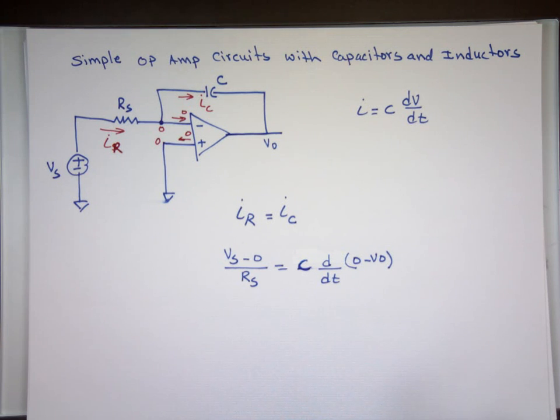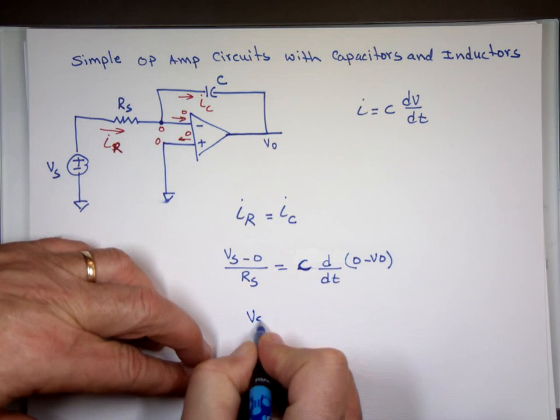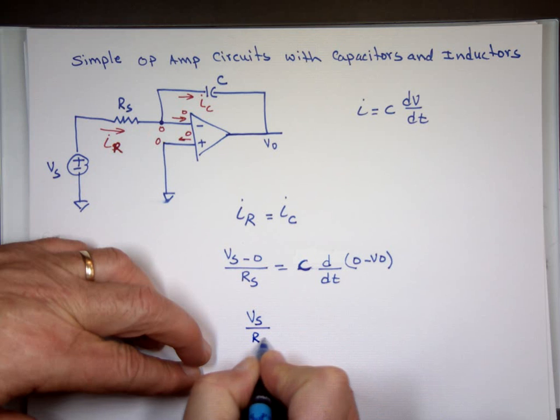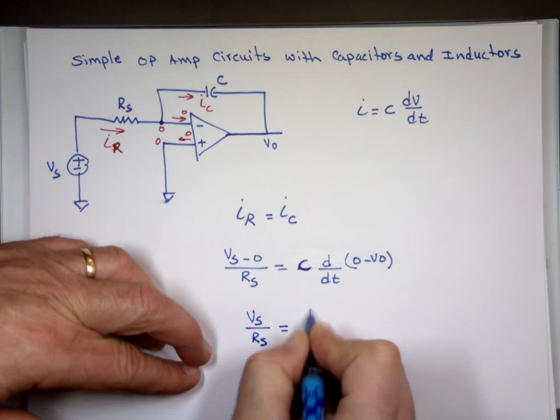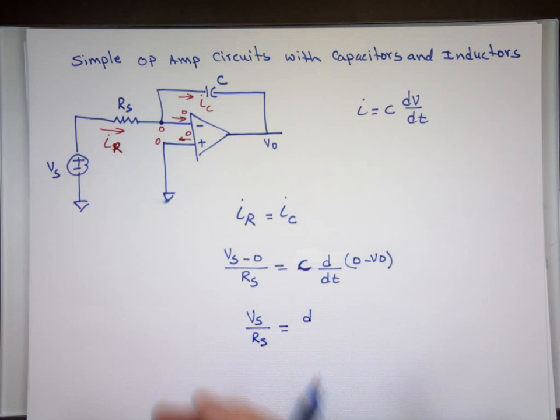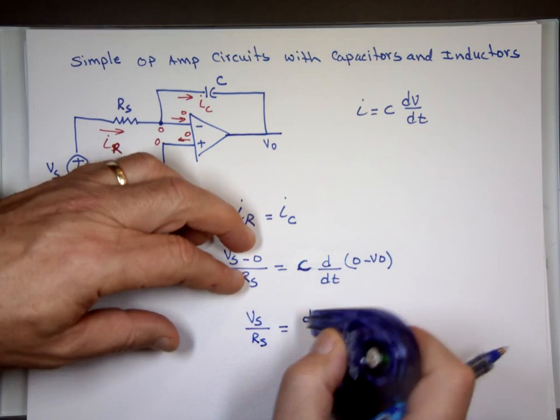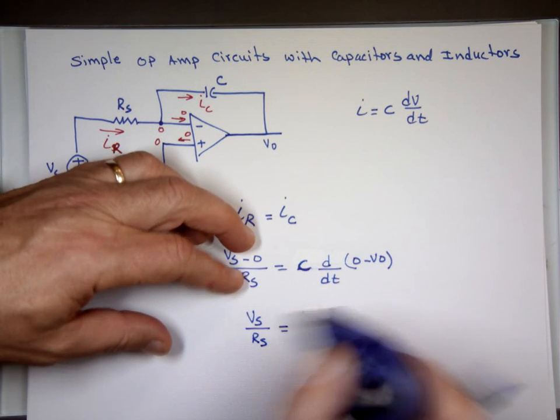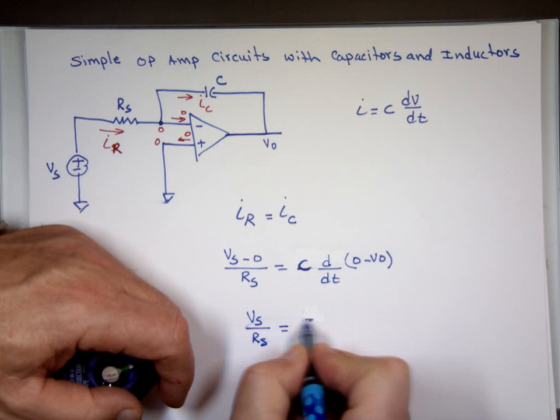Clean it a little bit there. And this will be negative actually. I can factor the C out, and factor the minus sign outside.